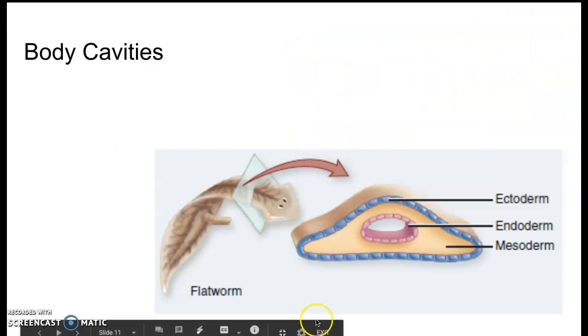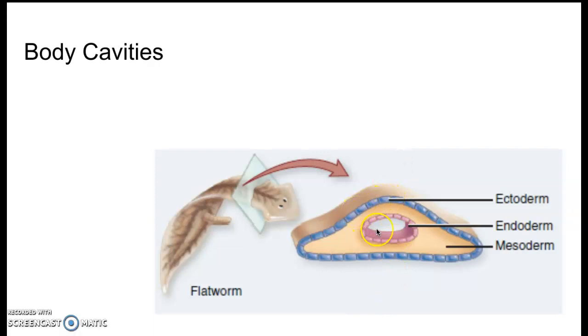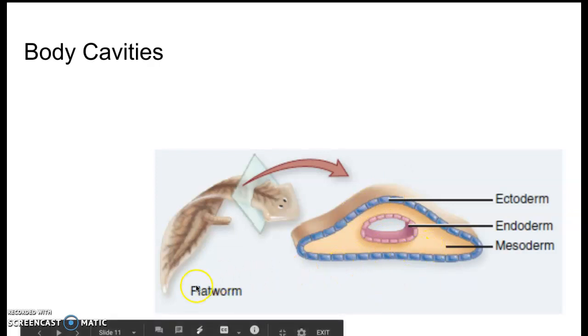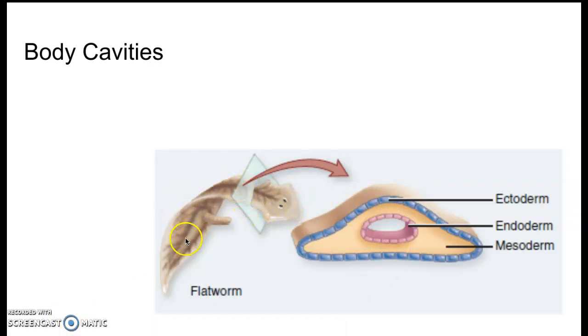And this is what you have to go back and remember, what the formation of your derms are. So you have here, remember, the outside is the ectoderm, the middle is the mesoderm, and the inside is the endoderm. So a flatworm has one body cavity, one big entry, and that's it.